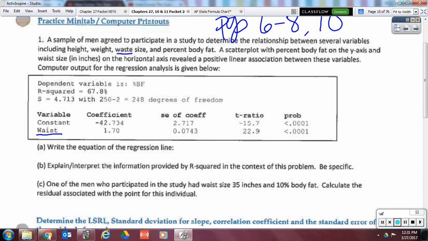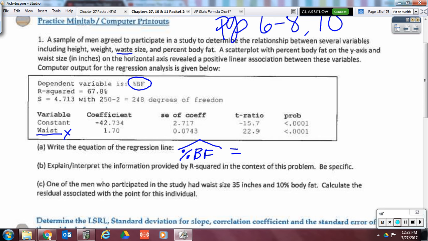So real quickly, let's write the equation of our regression line. We are going to be predicting what? What is our... Nope, we're not predicting waist size. Waist size is our x variable. Percent body fat. See, I can see right here that the dependent variable is my percent body fat. So I will be predicting my percent body fat from the waist size.